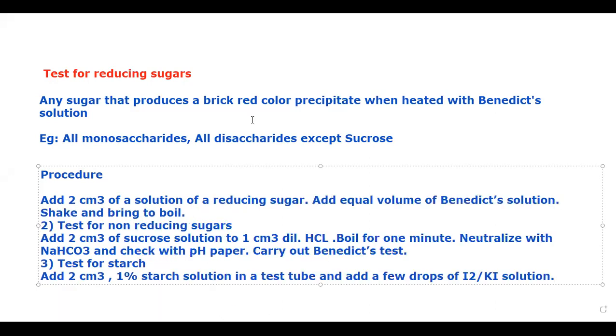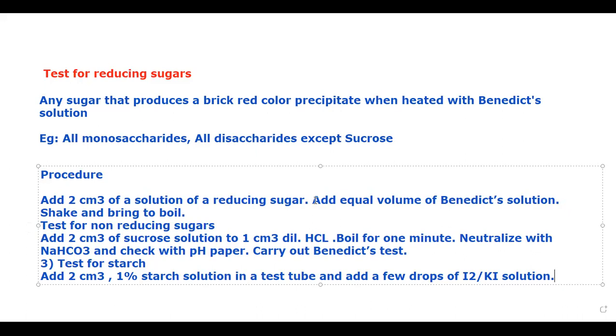You are taking 2 cubic centimeter of a solution of a reducing sugar. You can take a glucose, fructose, galactose, lactose or maltose solution, anything is okay.